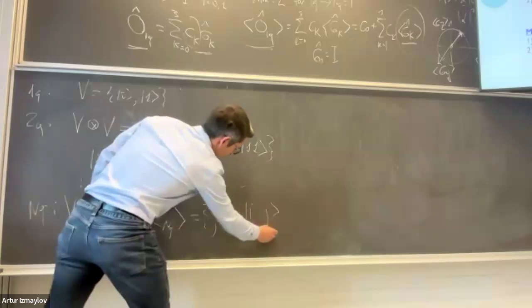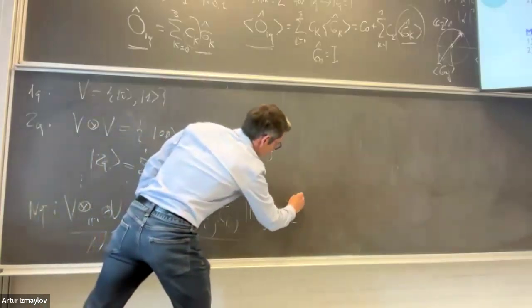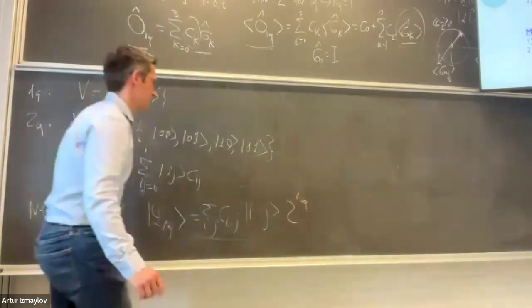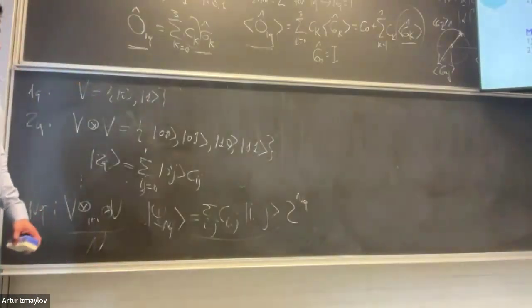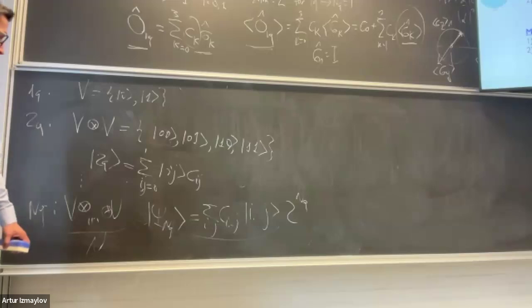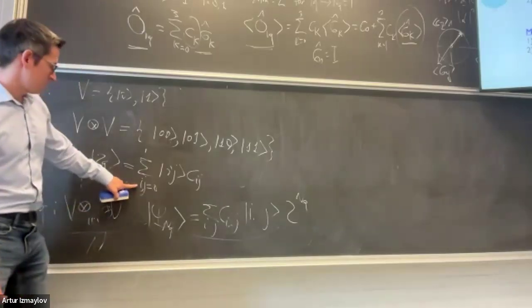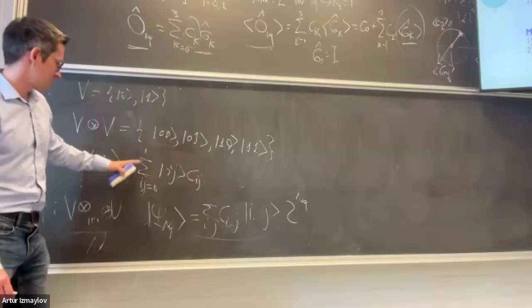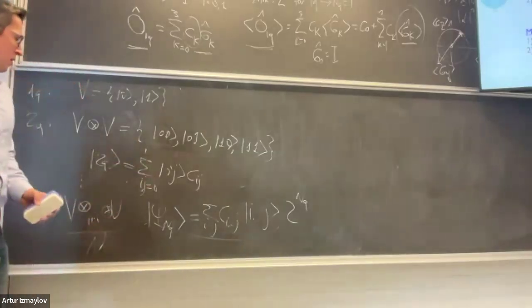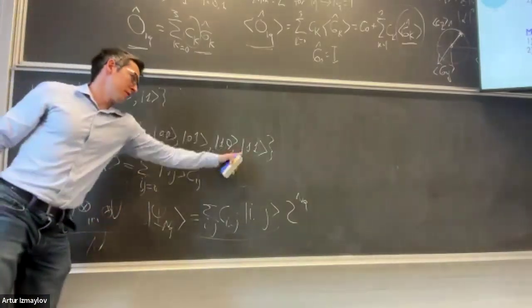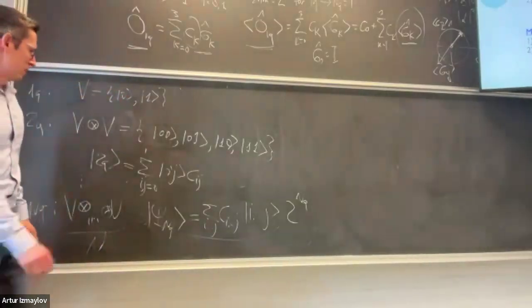Generally, we have in this construction 2 to the n states. The summation is from 0 to 1 for each index, yes, so it goes over the entire set.